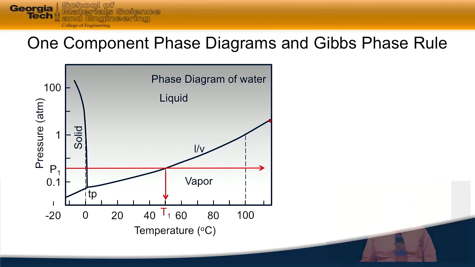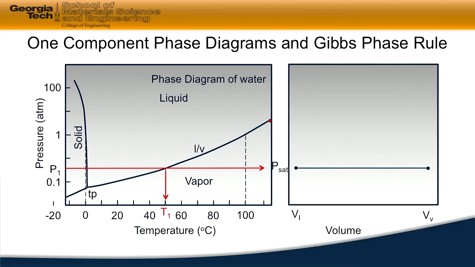And what we're going to do is come up with the pressure-volume diagram, and we're going to focus on the pressure at P1. So when we look at pressure P1, because we have fixed the pressure, we immediately know that we have a temperature T1, and at T1, we have what we refer to as a saturated vapor pressure.